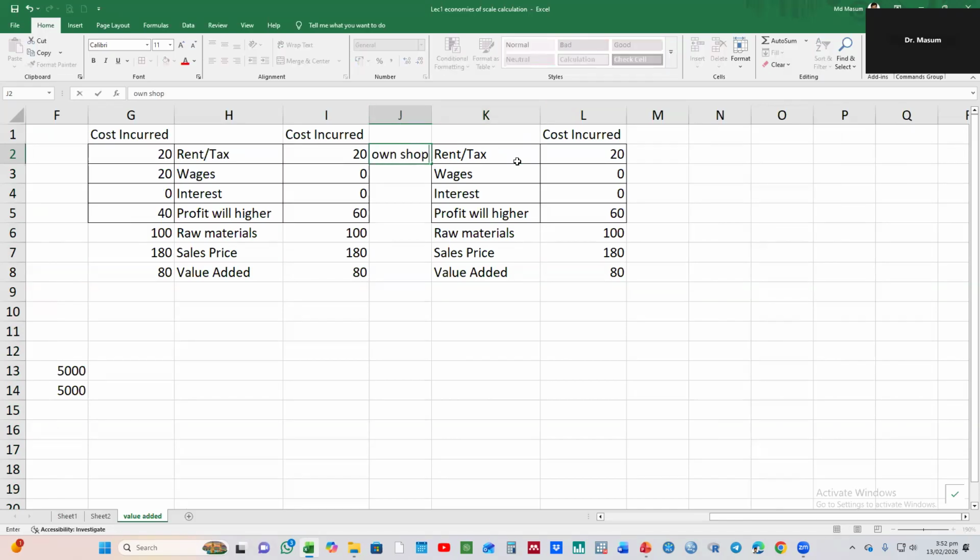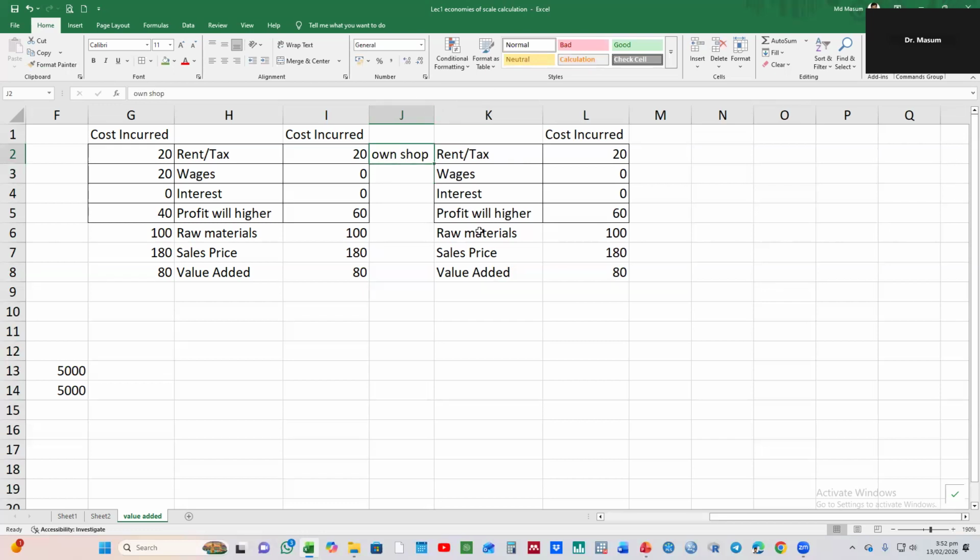His own shop means the owner of the land is the owner. So here you do not need to pay any rent. Only the tailor is working there. So he will charge additional profits. That means he has bought raw materials at 100 and he is selling the product at 180. So the total value added will remain same.